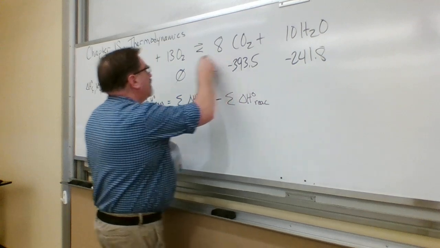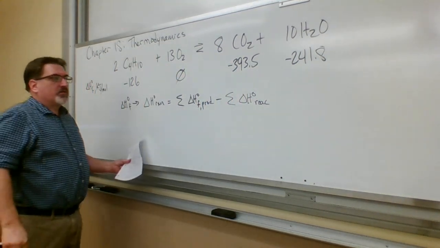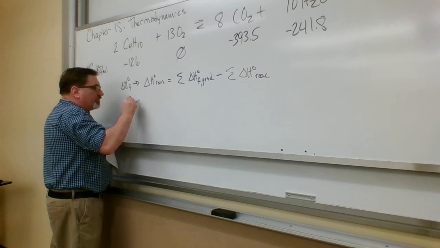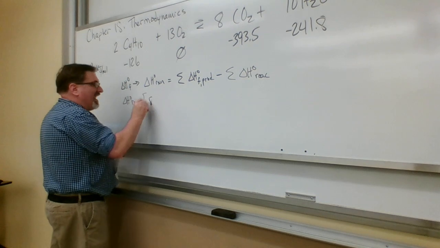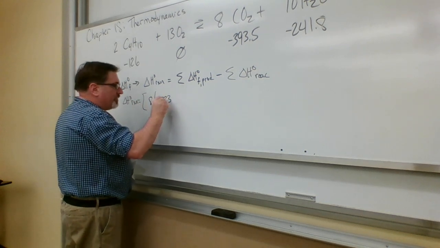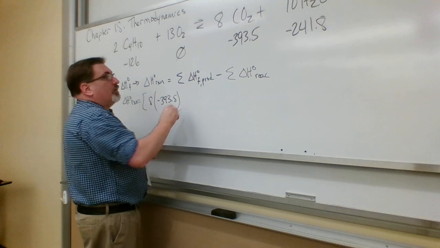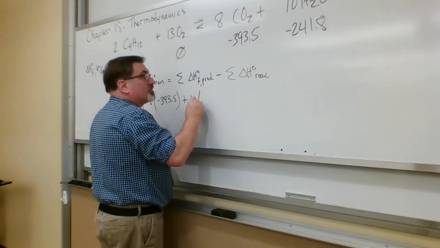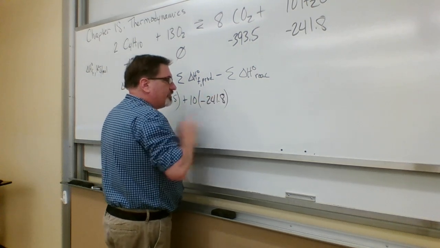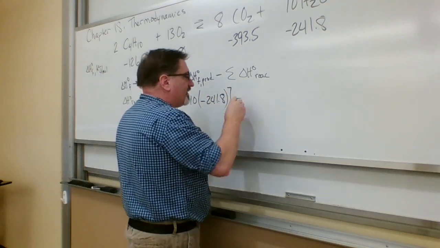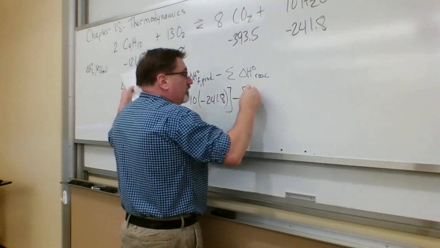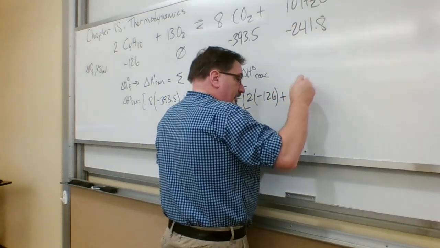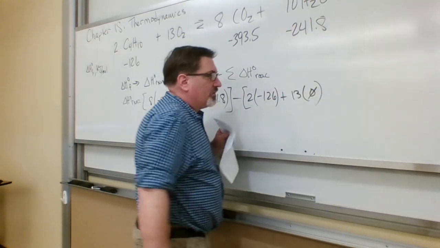We have to account for the coefficients in the equation, right? So when we set this up, delta H for the reaction, we go to the product side first. It's 8 times minus 393.5 plus 10 times minus 241.8. Those are all of our products minus our reactants. So minus 2 times minus 126 plus 13 times 0 because it's O2.